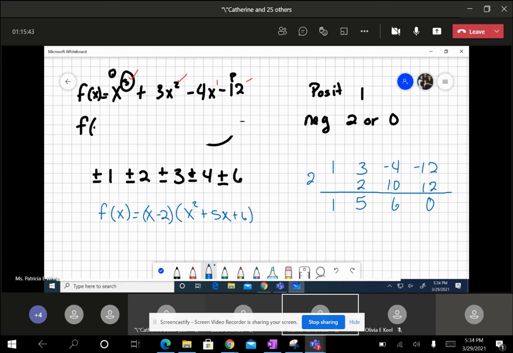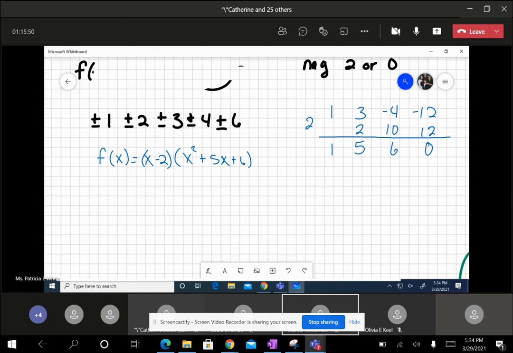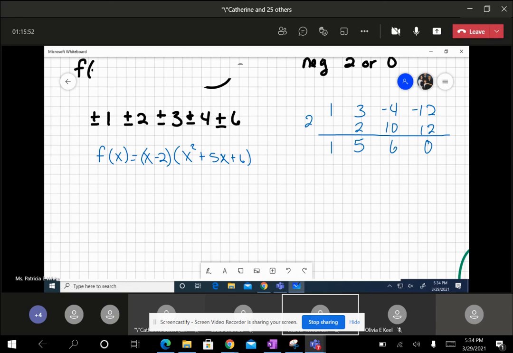Am I done? The good news is that's just a trinomial now, right? That's a quadratic. We know how to factor that. What can I multiply that would get me a 6?